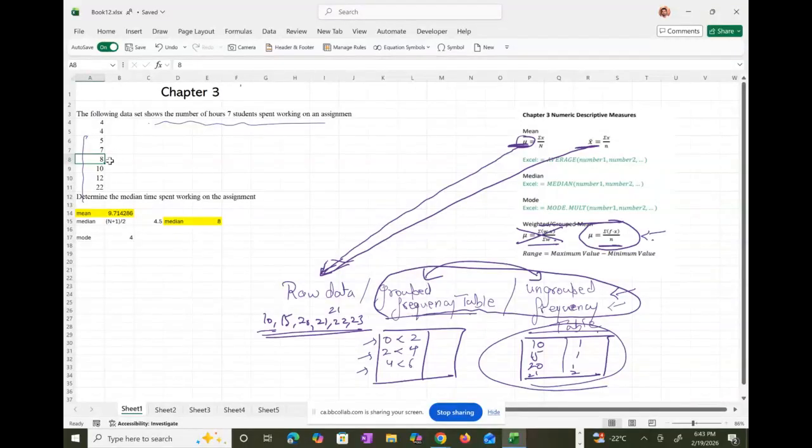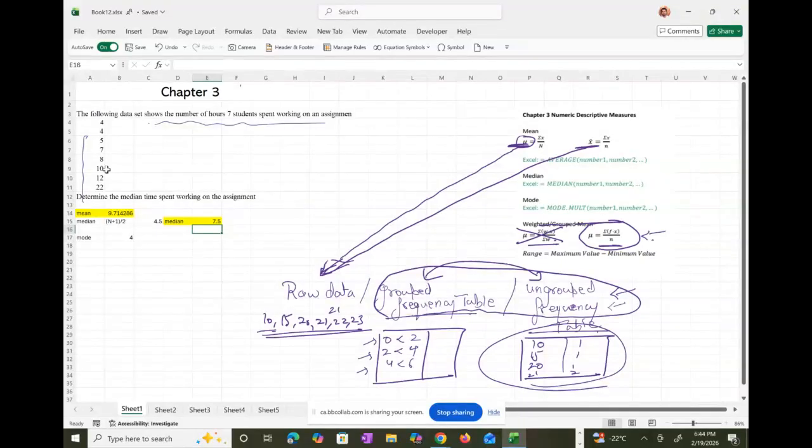So the median will become the average of the fourth and fifth terms. That will be 7 plus 8 divided by 2, which is 7.5. The middle value of the two terms will be the median.